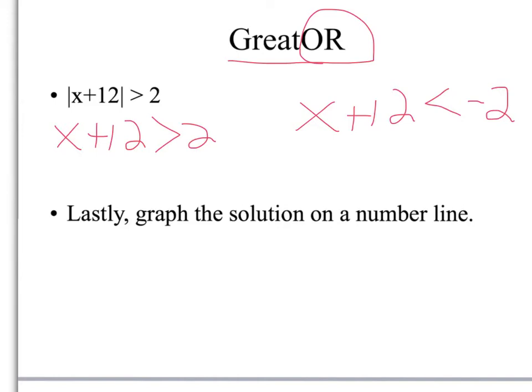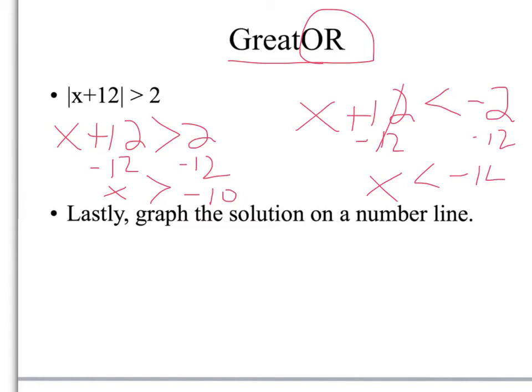Okay. And now I solve both of these like completely normal. So subtract the 12. 2 minus 12 is negative 10. Okay, and over here again, subtract the 12, and negative 2 minus 12 is negative 14.